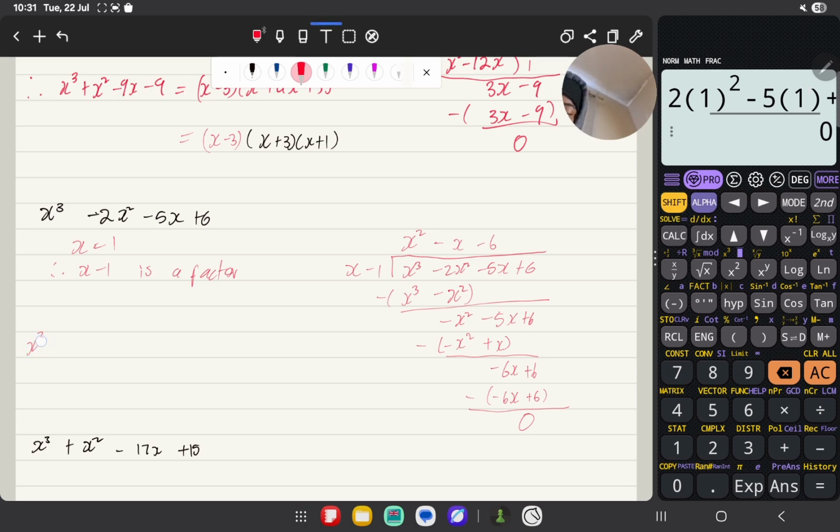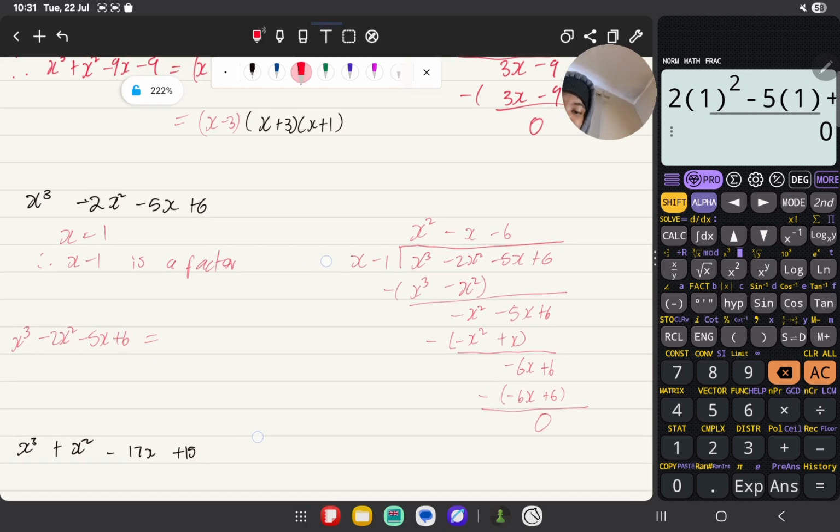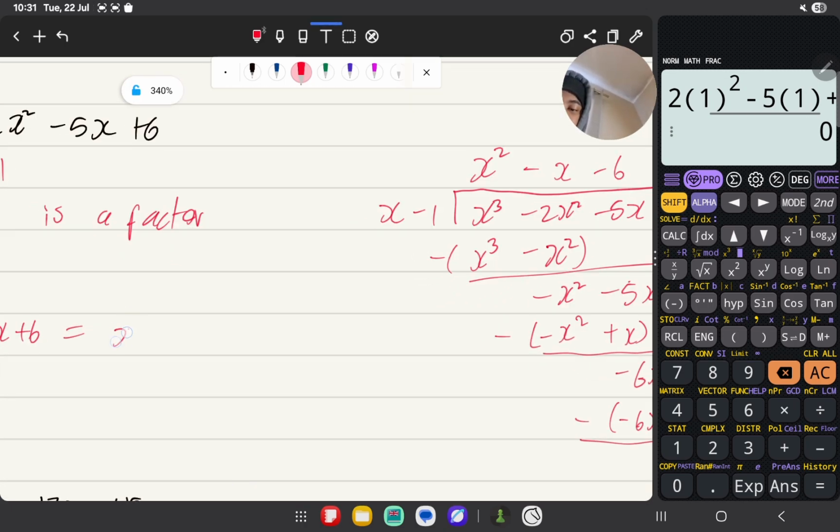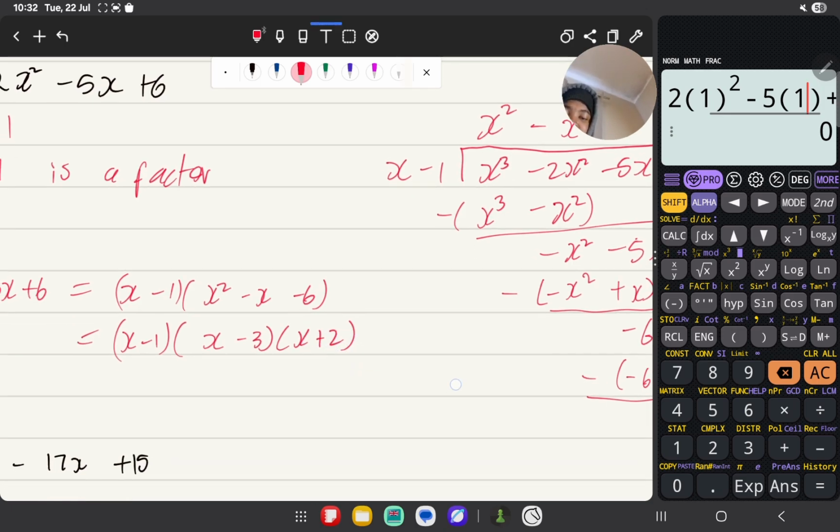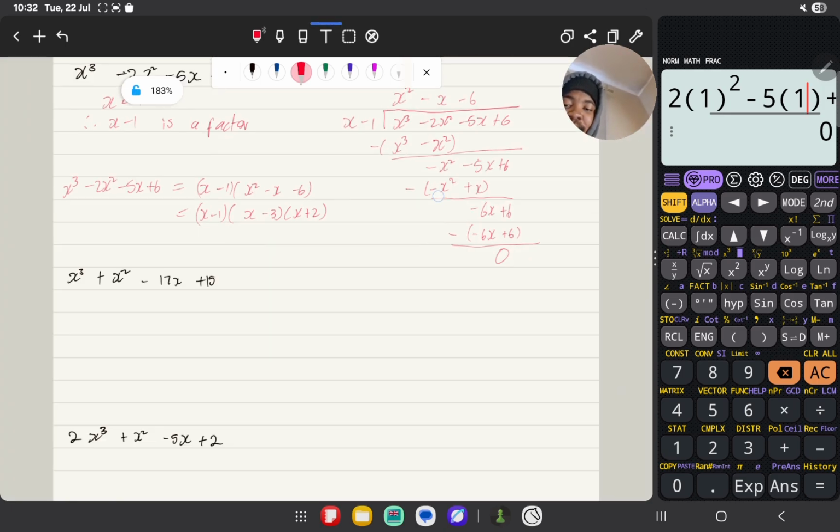Then you can say x to the power of 3 minus 2x squared minus 5x plus 6 equals x minus 1 times x squared minus x minus 6, right? And the second bracket is quite easy. It is x minus 3 times x plus 2, right? And that's it.